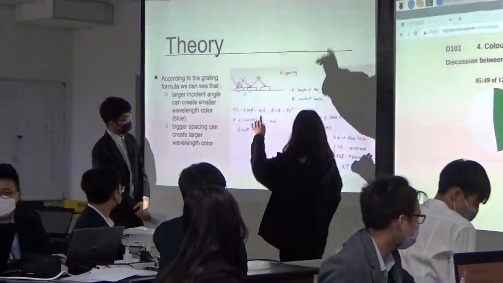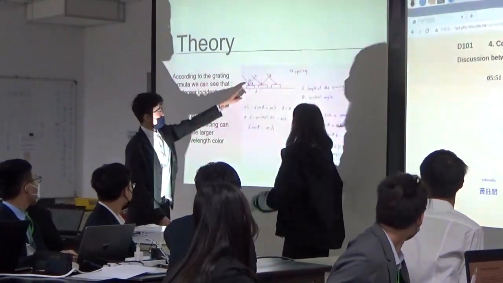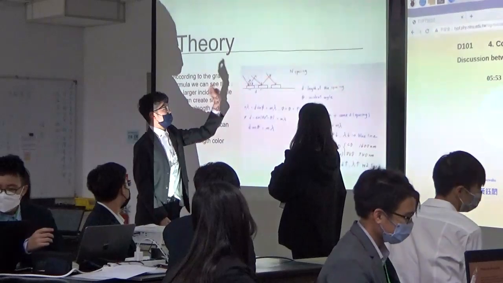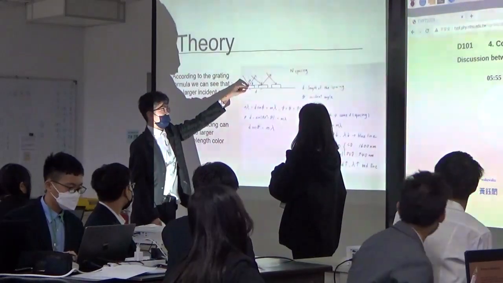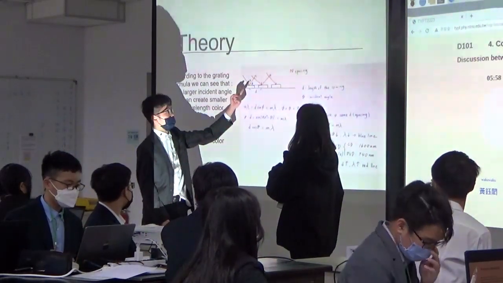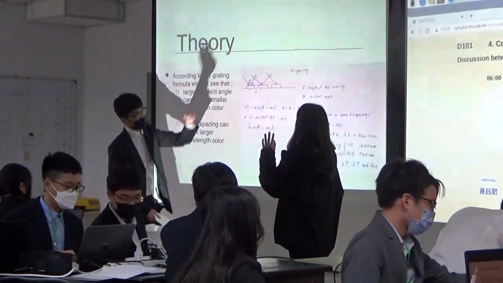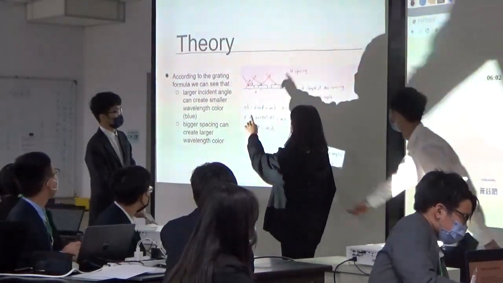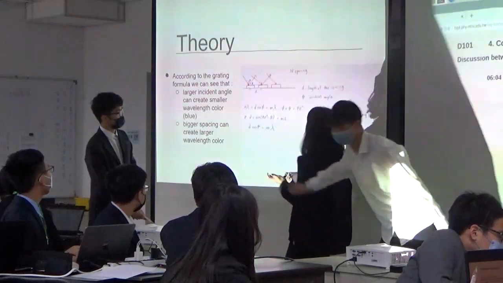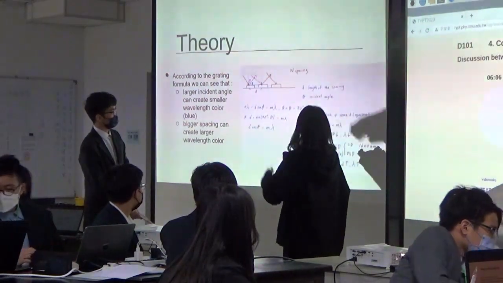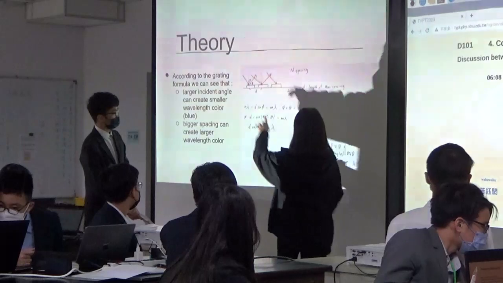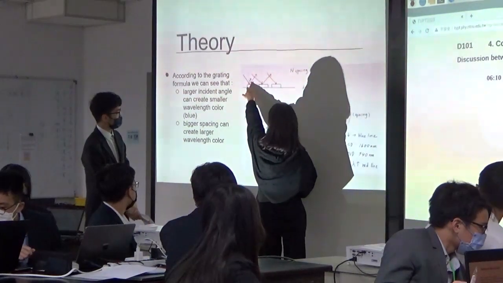No, answer my question. What is this angle? This is the angle that we shot on the surface. If this is the incidence angle that you hit, if it hits the refraction angle, it must be this angle, not this one.